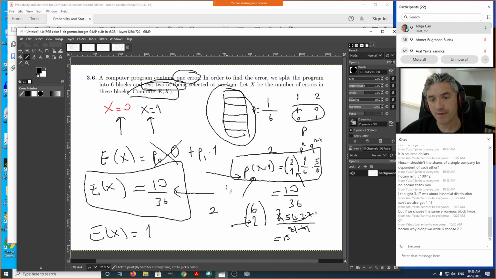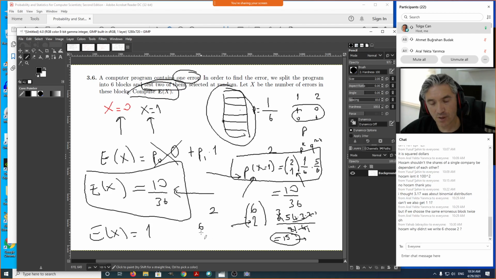So how many of them are going to contain 1, and how many of them are going to contain 0? So here, out of these 15 cases, a number of them will contain 0. So what is the probability to get 0 ones is 6 choose 5, right? So actually this is the total case.